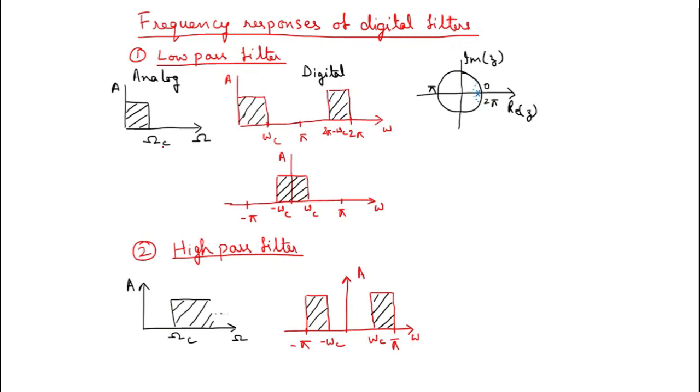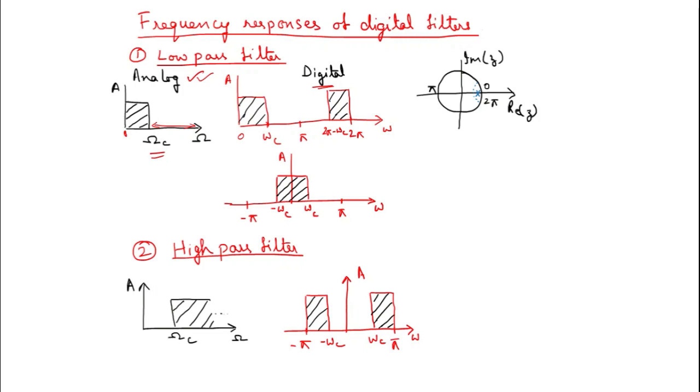If you talk about an analog filter, we will be having a low pass filter with frequency characteristics just like this. So 0 to omega c, there will be a pass band, and no signal component will be passed in the stop band. In the digital domain, the frequency components vary in the region of 0 to 2 pi, which we have already discussed.